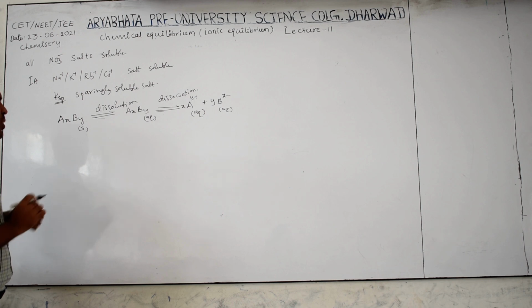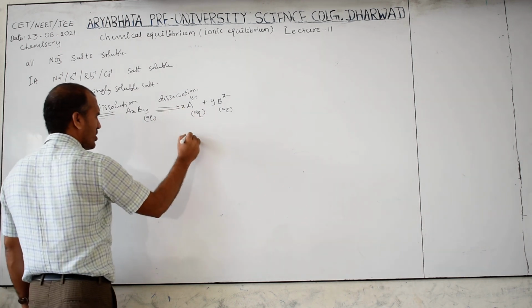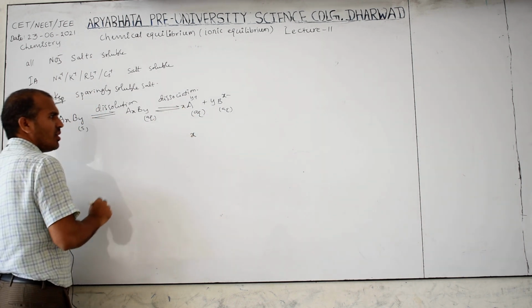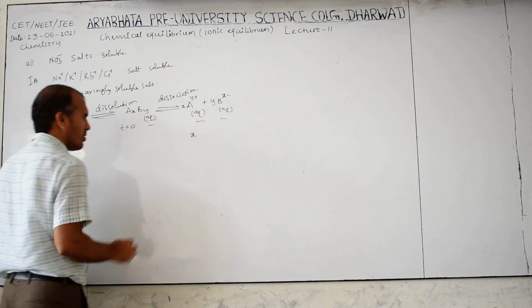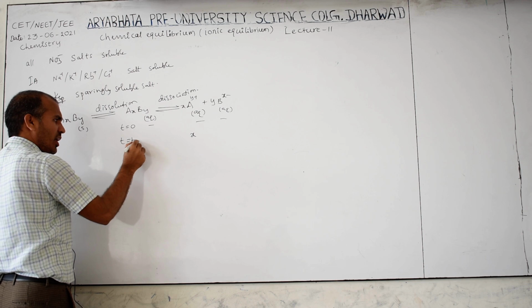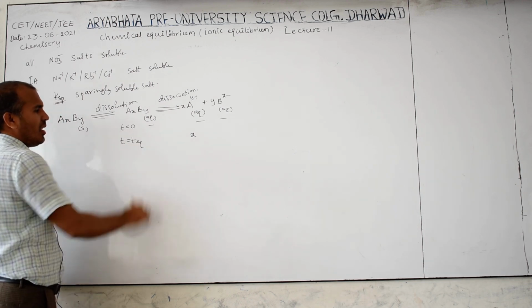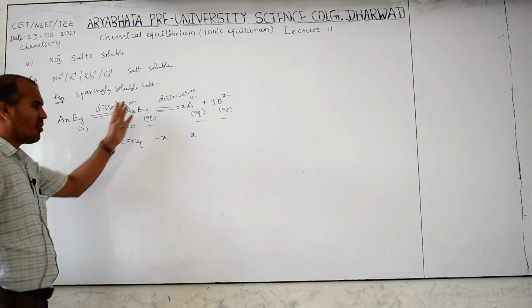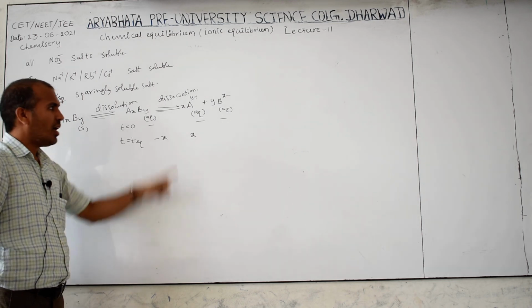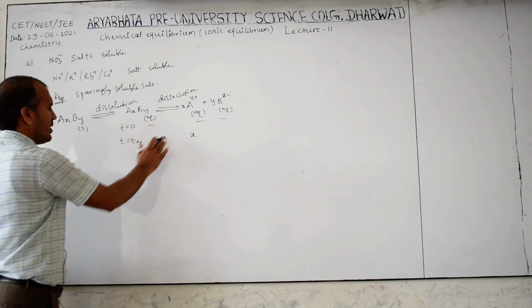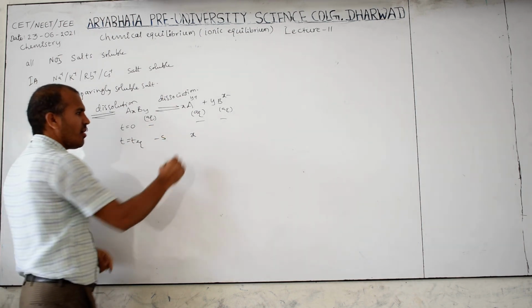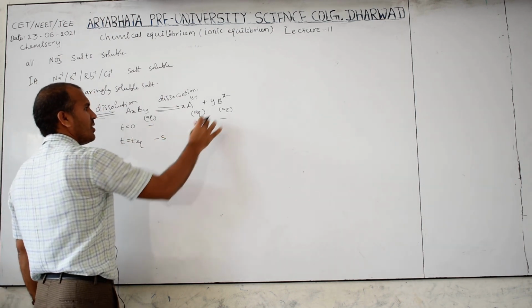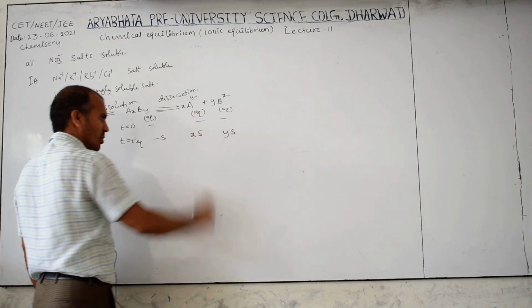Now, x moles is there. At t equal to 0, nothing is there. At t equal to equilibrium time, x moles dissociate from this, then it forms x moles, this is the solubility concept, S. Therefore, x moles of solubility, and this is y moles of solubility.